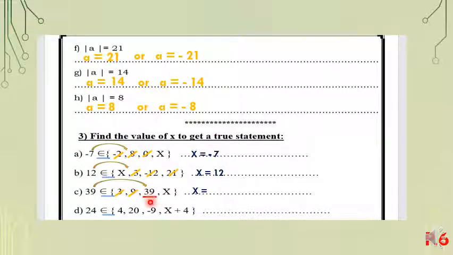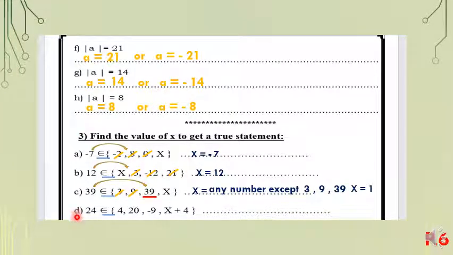Of course not. We cannot repeat the elements. So this x can be any number except 39, except 9, except 3, because we cannot repeat the elements inside the same set. It can be 1, for example.